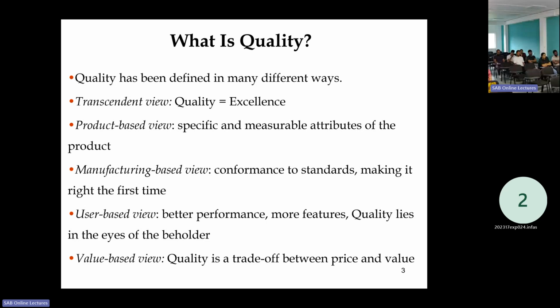If something is much superior to all the others, we consider that the high quality, the best quality. That is not the only meaning we have for quality. There are other views on this.